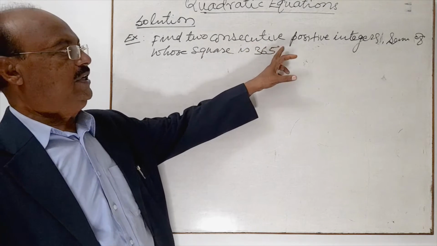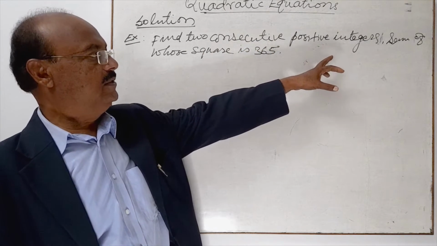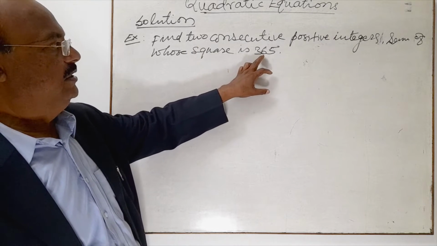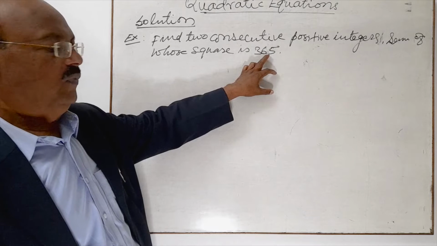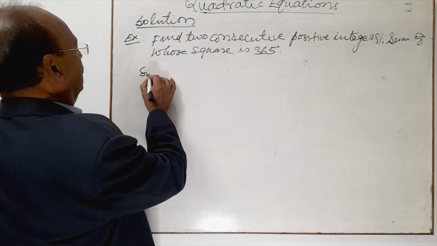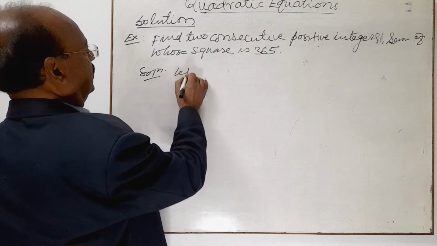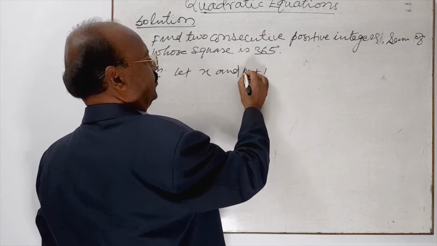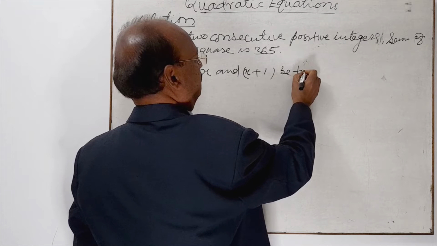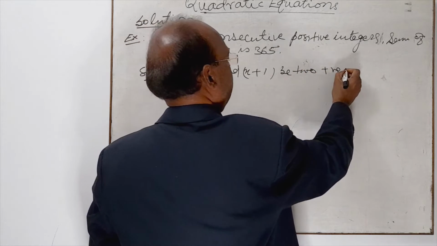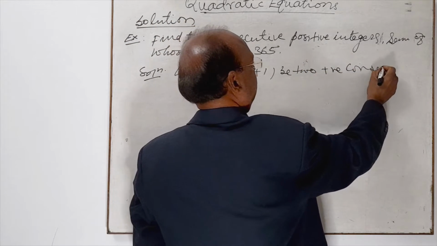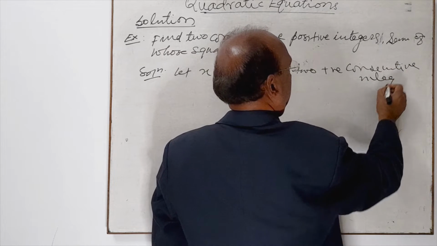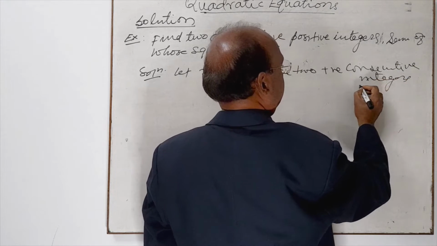Find two consecutive positive integers, the sum of whose squares is 365. So let us suppose x and x plus 1 are two positive consecutive integers.